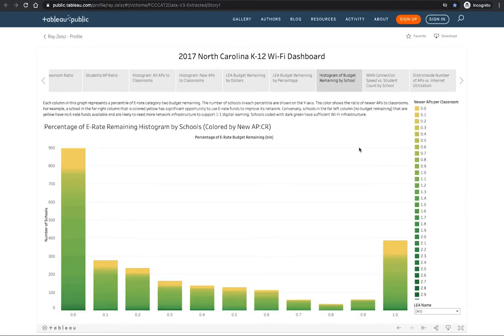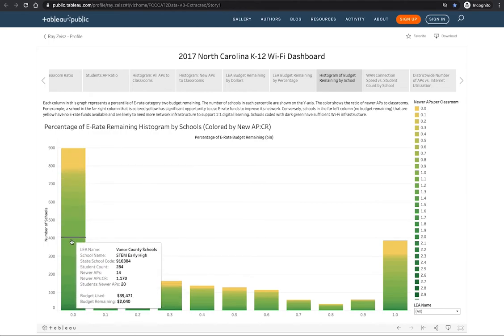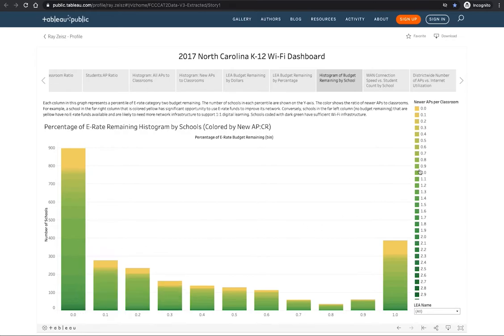And then here is the histogram of schools by budget remaining. So the schools over here in this list of 900, all of these are in the less than 10% budget remaining. And then by color code is the number of access points per classroom.